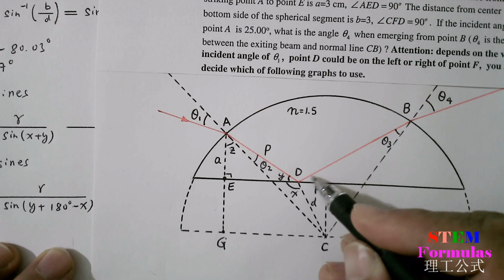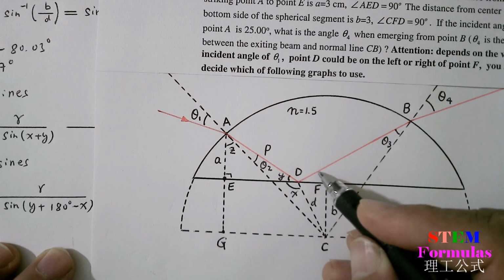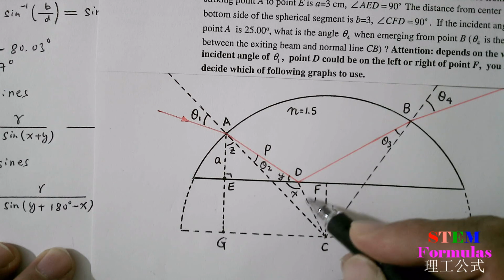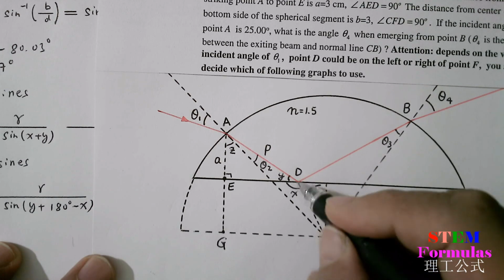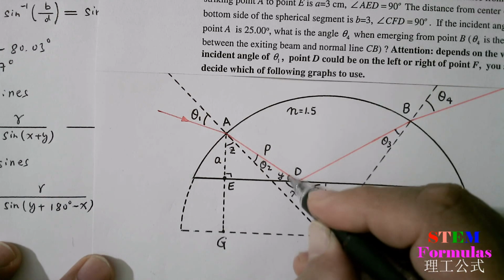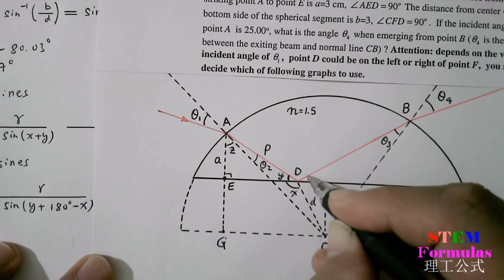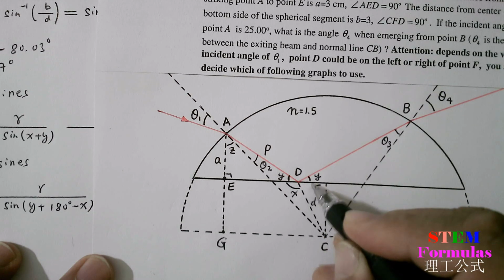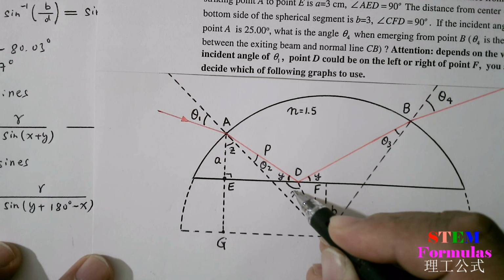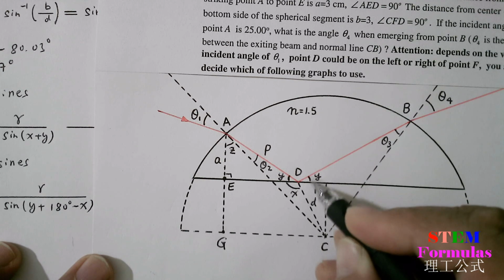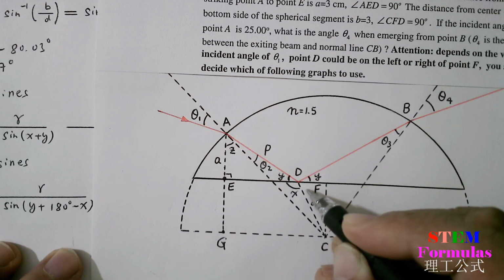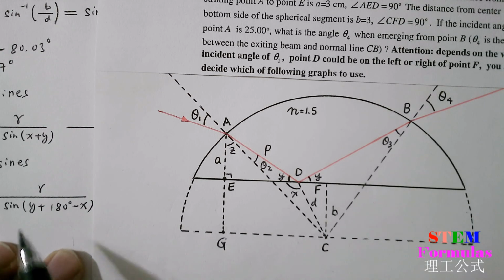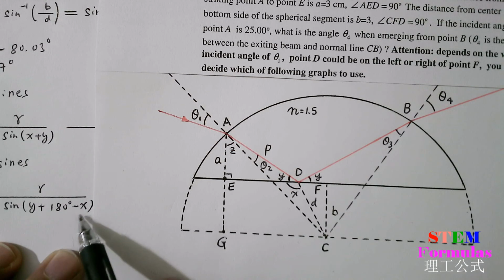This angle is the angle between the red line and the dashed line. Because of the law of reflection, if this is angle y, this also equals angle y. And this angle equals 180 degrees minus x. So together the whole angle is y plus 180 degrees minus x.